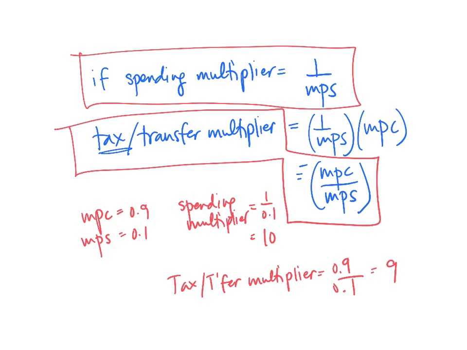So how do we interpret that? For every dollar of fiscal policy that we do, we get $10 of extra spending if we do it via changes in government spending directly, but we only get $9 if we do it via taxes and transfers. So dollar for dollar, you get more bang for your buck by changing government spending than you do by changing taxes and transfers.